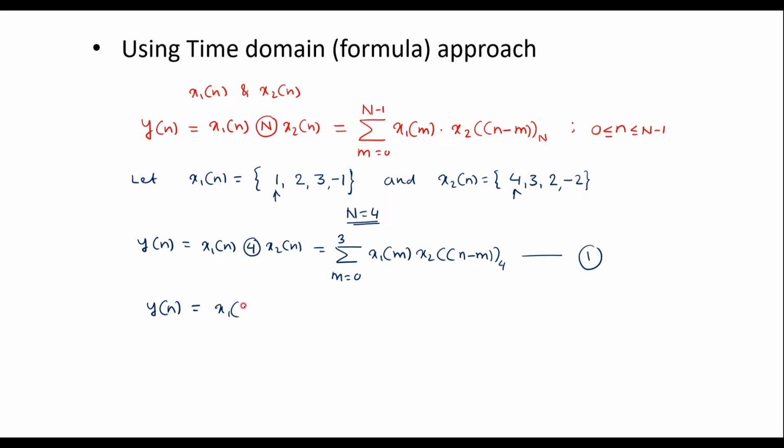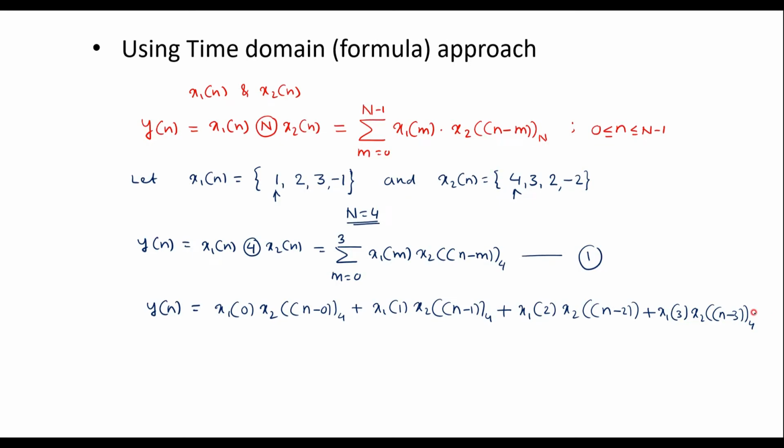So the first value is x1 of 0 x2 of n minus 0, plus x1 of 1 x2 of n minus 1 modulo 4, plus for m equal to 2 we have x1 of 2 x2 of n minus 2, plus x1 of 3 x2 of n minus 3 modulo 4. We'll call it equation 2.